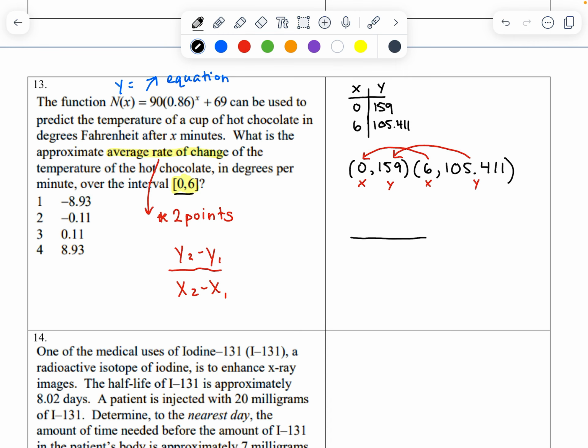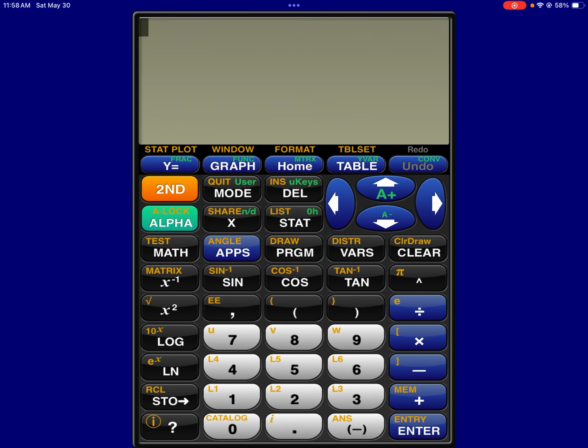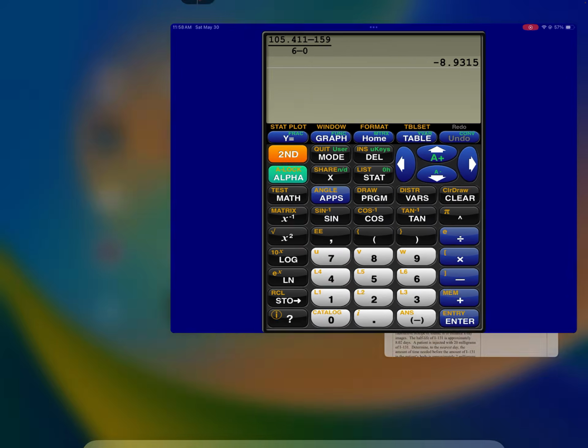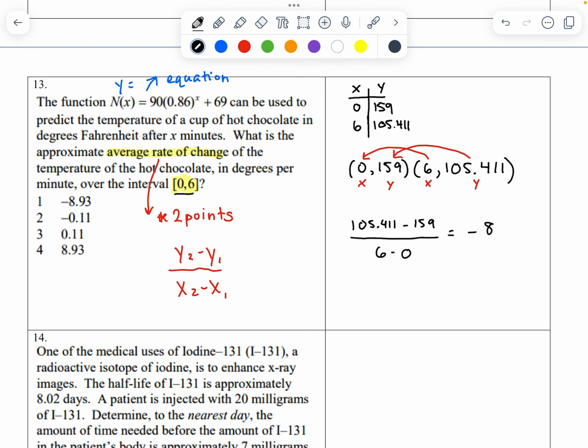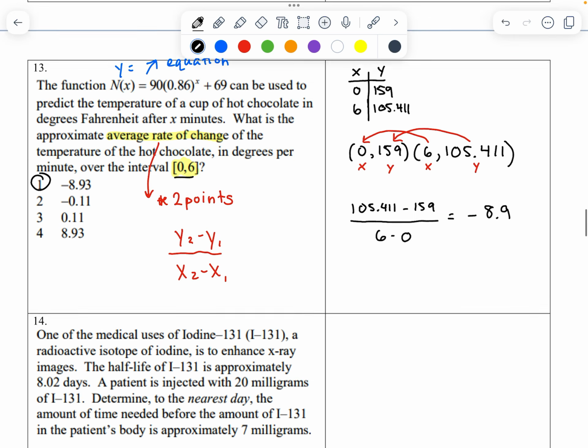Be very careful, your y's are always on top. 105.411 minus 159 over 6 minus 0, and I'm getting negative 8.9, which is choice 1.